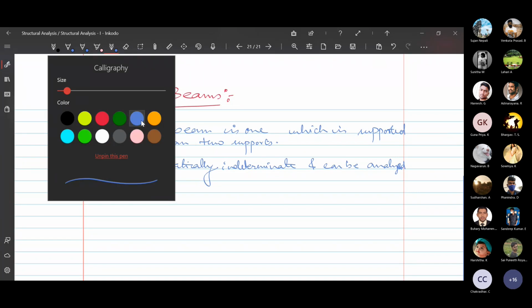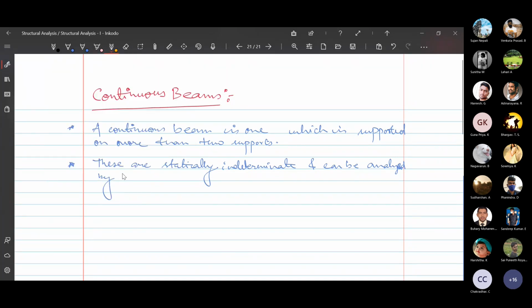a method which has got two names, that is theorem of three moments, or it is also known as Clapeyron's theorem.